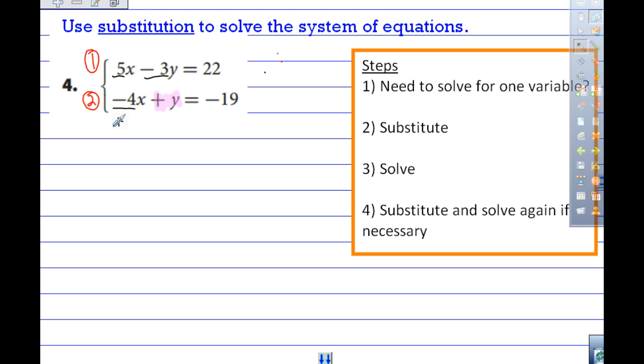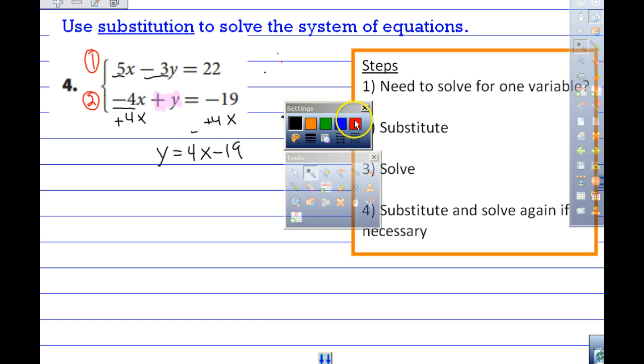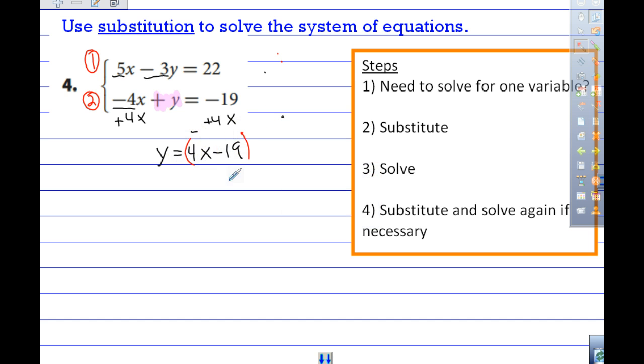So like here we had add 4x to both sides. Plug it in right here. One step, and we can start substituting and finishing up the problem.